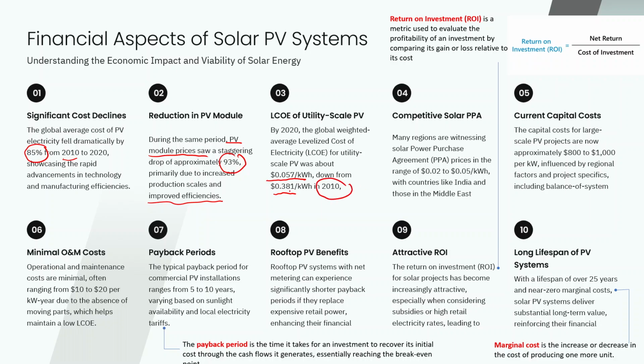It was very high in 2010, but now the levelized cost of energy has been dramatically reduced.